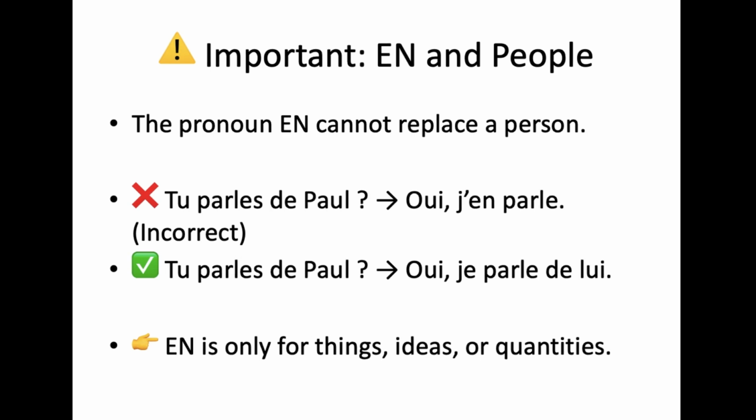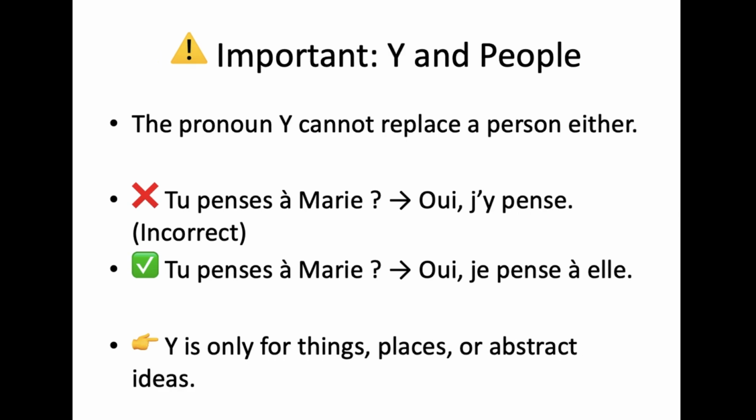You have to use a tonic pronoun. I don't know if you know about this, but I recommend you see more about it because it's also very common in French. I will make a video if it interests you, so don't hesitate to tell me in the comments. It's very important. So in this case, we cannot choose en and y.